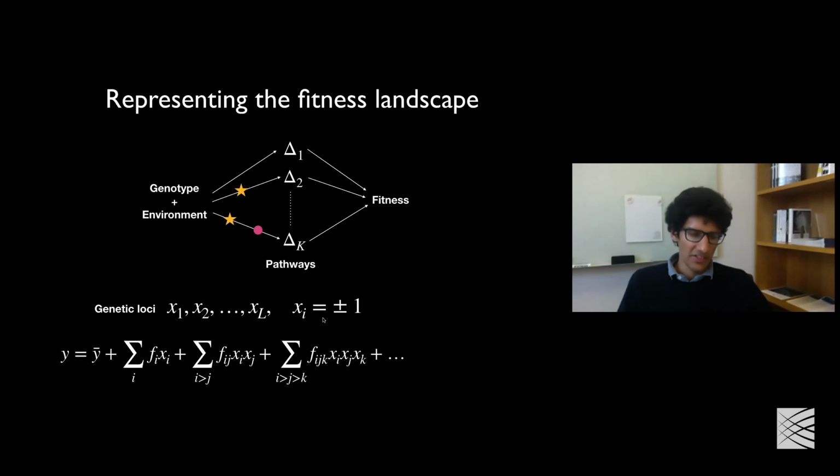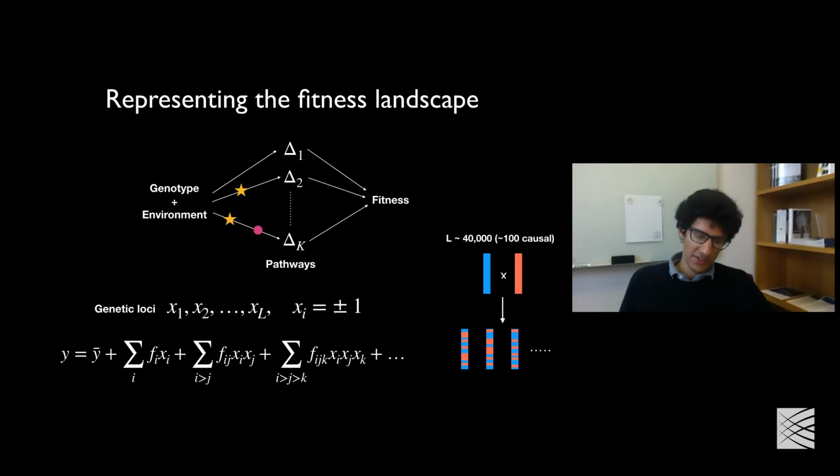The reason that we are using this specific one for this particular analysis is that the predictions of this model are going to be tested against the experiments that I described previously. And in those experiments, the background genotypes are generated by mating two strains of yeast. When you mate these strains, you get a diploid, you sporulate them, and you end up with a haploid.